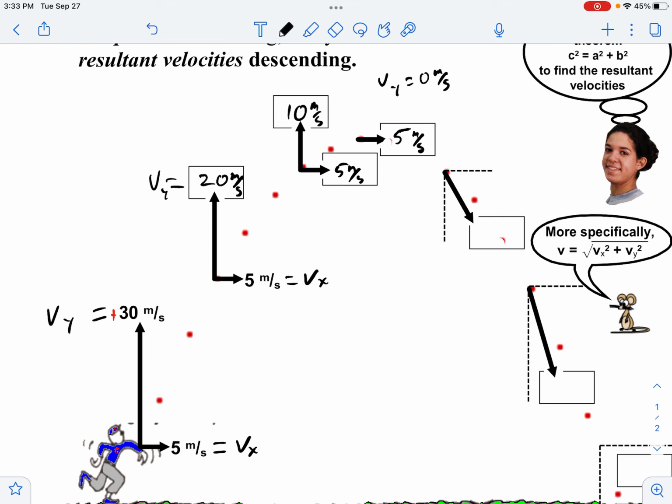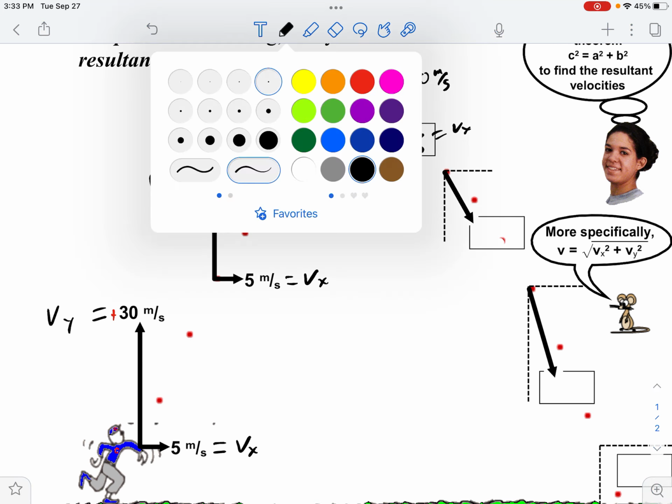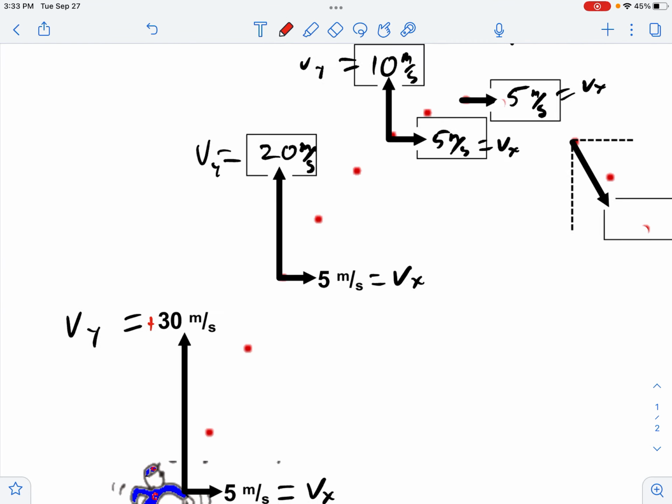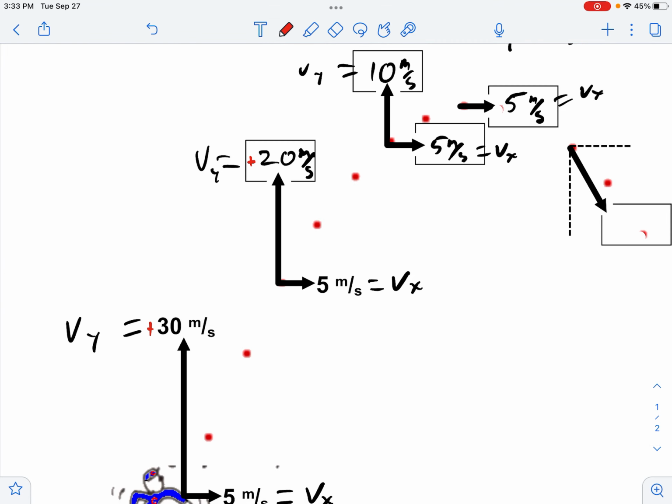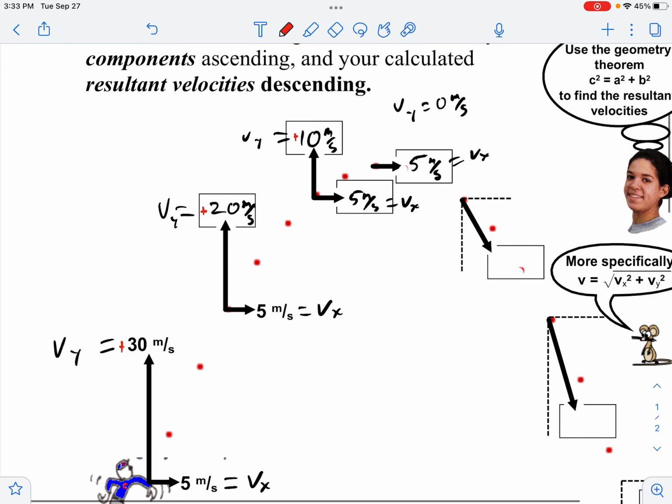This 5 meters per second up here is a Vx. All this sideways stuff is Vx, all this vertical stuff is Vy. We start off moving upwards at 30. 1 second later, we're going upwards at 20. Another second later, upwards at 10. And when we hit the peak, we're not moving upwards at all anymore. So we've got all of our components.